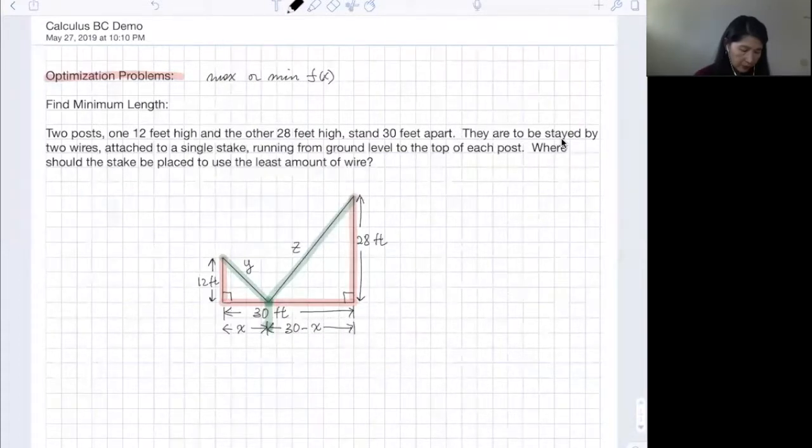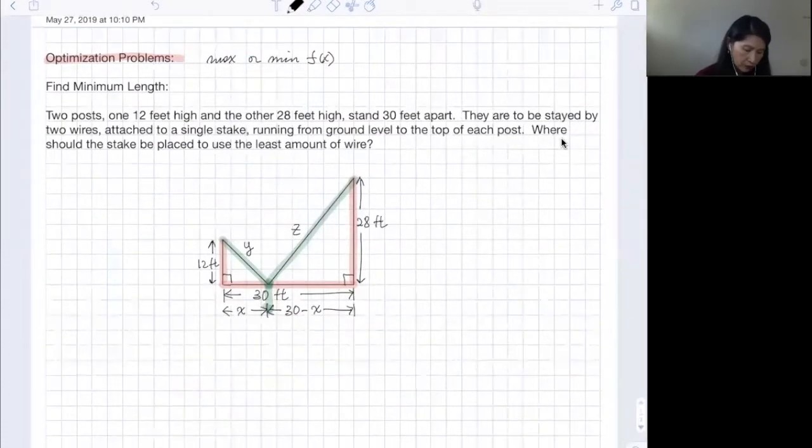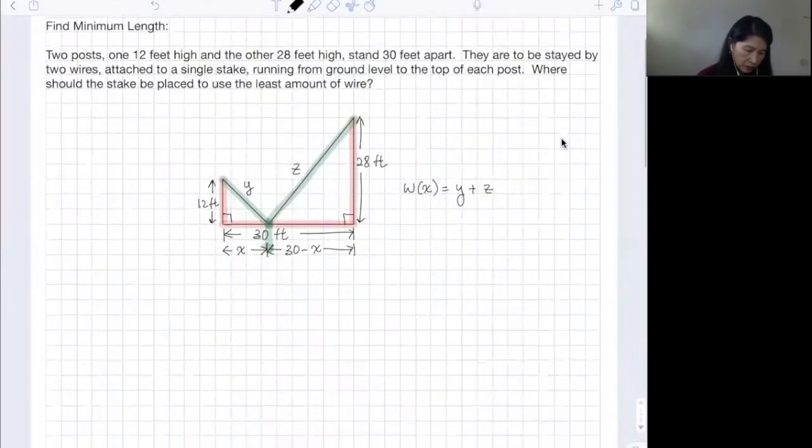Now let's set up the equations for our two triangles. First, let us write the length of the wire as a function of X, where X is the position of the stake from the first post. W as a function of X will be equal to Y plus Z, where Y is the hypotenuse of our first triangle and Z is the hypotenuse of our second triangle.